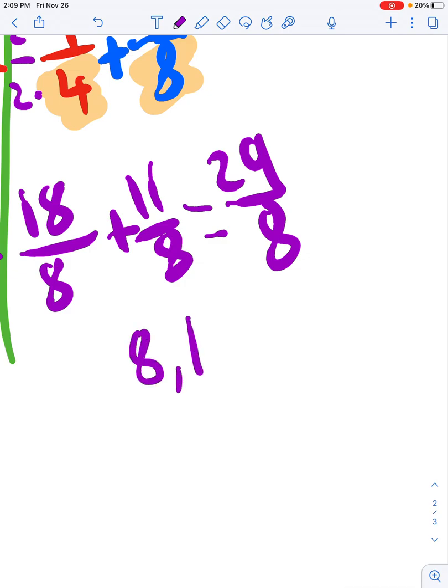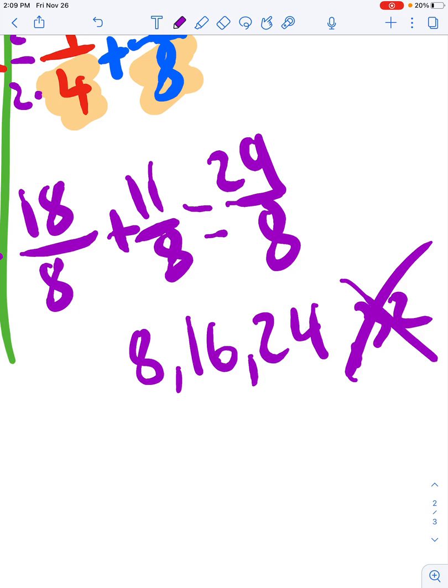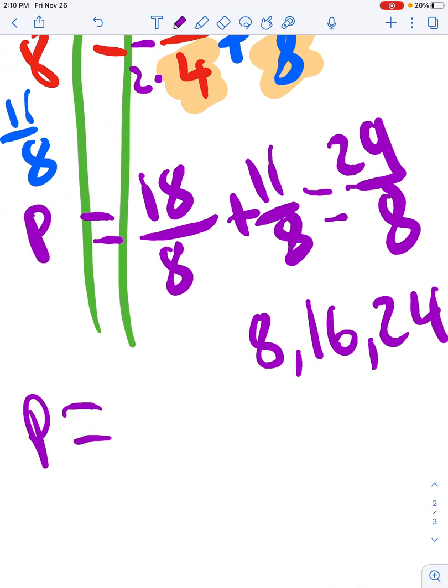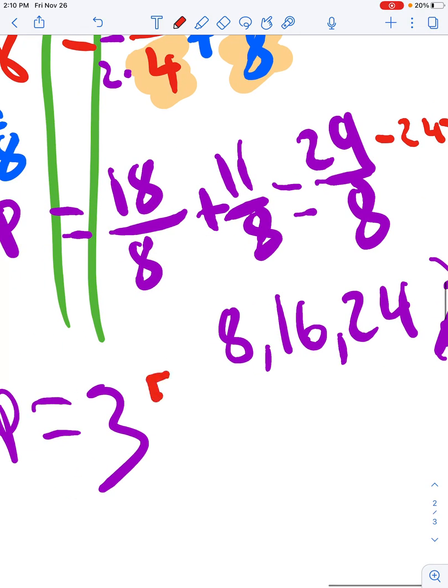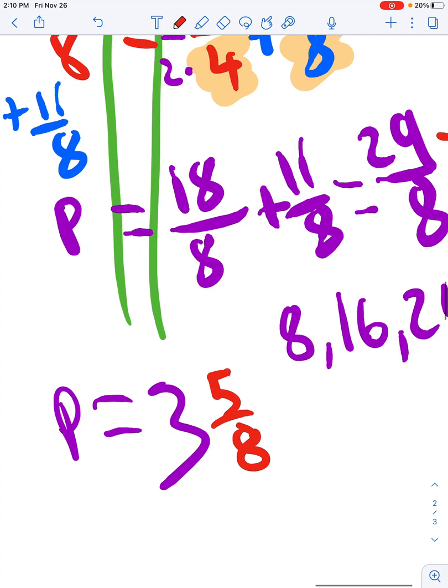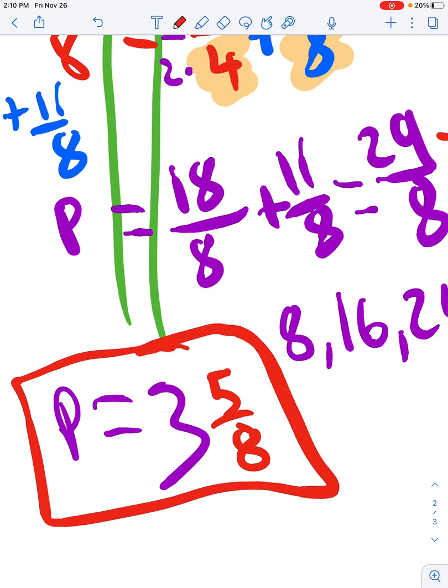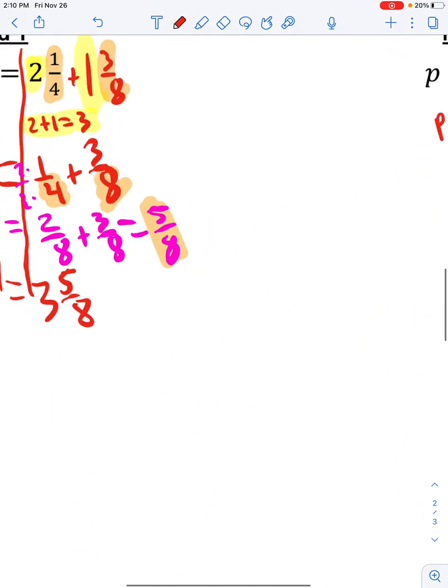Now we can count how many times 8 goes into 29. 8, 16, 24, 32. Nope, 32 is too big. So I know that I have 3 whole numbers. So P equals 3, and if I take away 29 minus 24, that gives me 5. So I'm going to have 3 5/8 as a final answer.